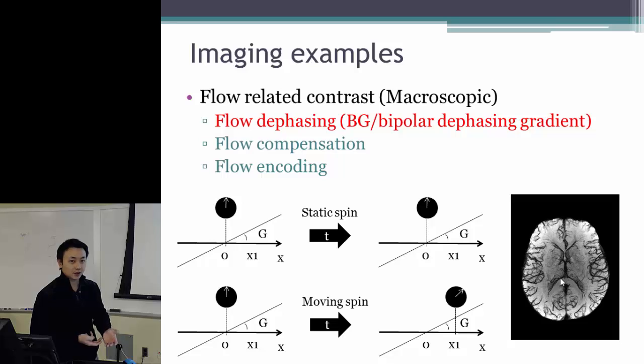That means the signal will cancel each other very quickly for the blood, leading to very low signal in the blood. So we can see that all the vessels are black, and we are seeing a lot of vessels, including both the arteries and veins.